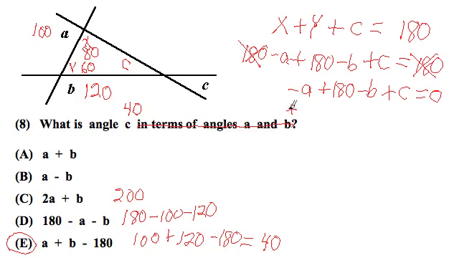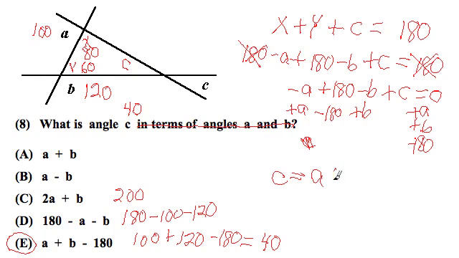And if we add a and b to both sides and subtract 180 from both sides, we remove all of this from here, so we have to add a and b and subtract 180 from this side. So we get c is equal to a plus b minus 180.